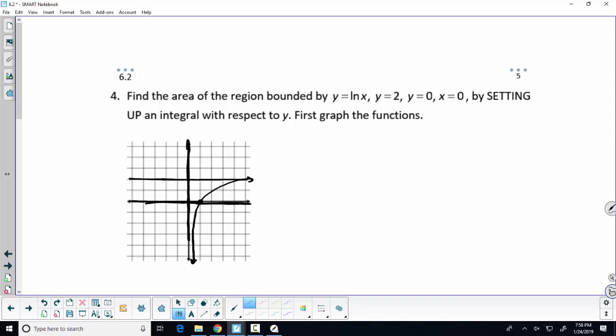So again, we're looking at the region that's enclosed by all of those pieces. The region enclosed by all of those pieces is this region here. So we're looking at that particular figure.